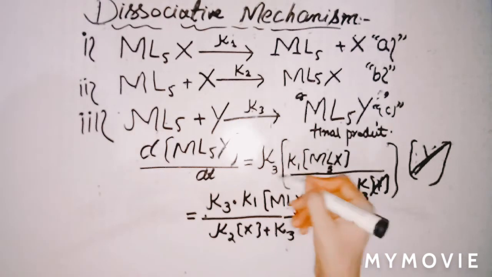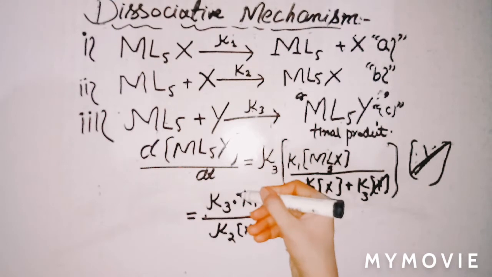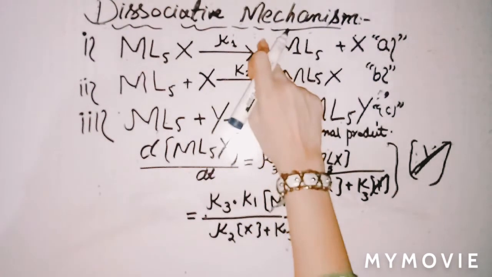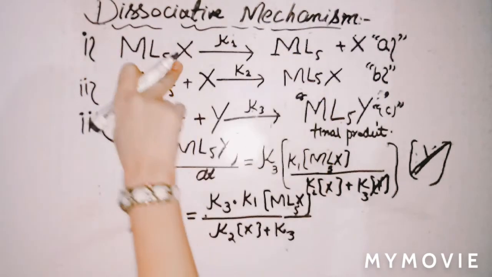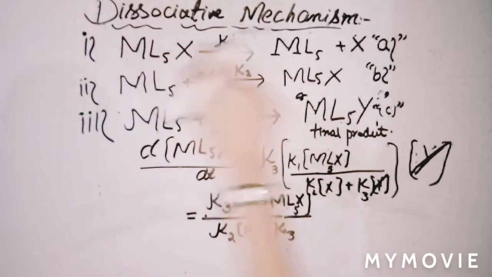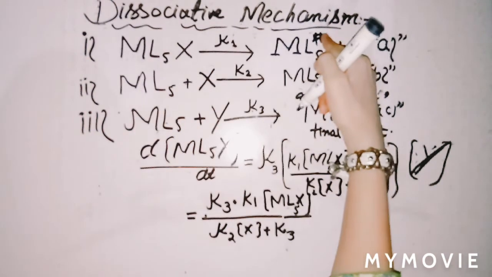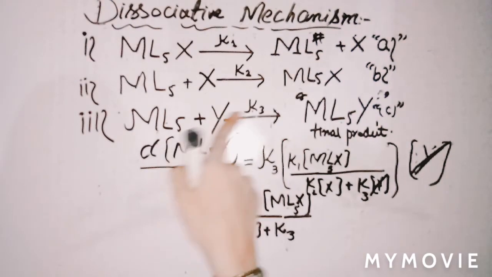As we know, the value of K2 is very small, because when the intermediate is formed by the removal of the leaving group, this intermediate has a 100% chance to react with the incoming nucleophile.